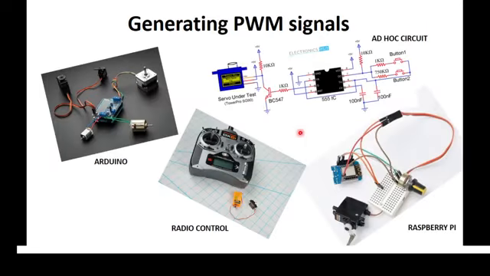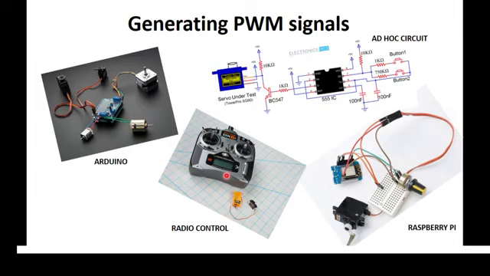There are many ways to generate PWM signals. You can do it with an ad hoc circuit, or with a CPU like the one in the Arduino or the Raspberry Pi, or through radio control.